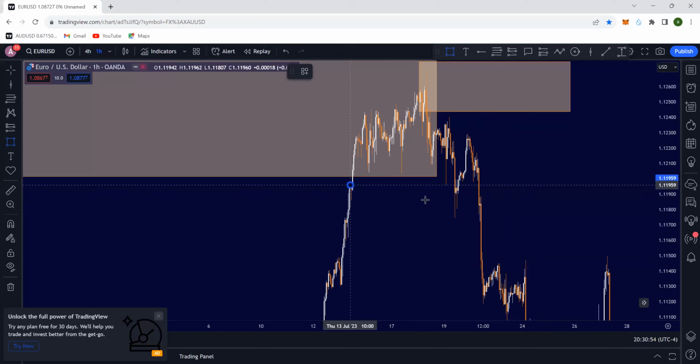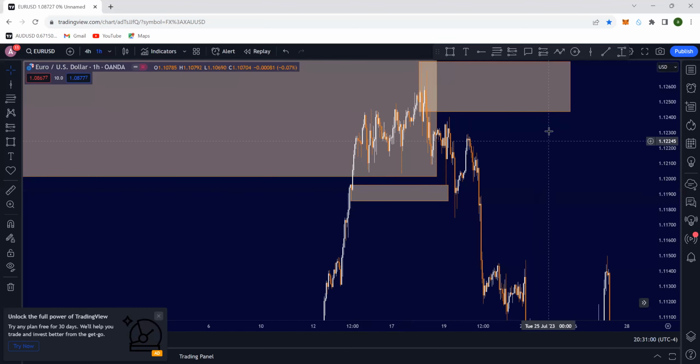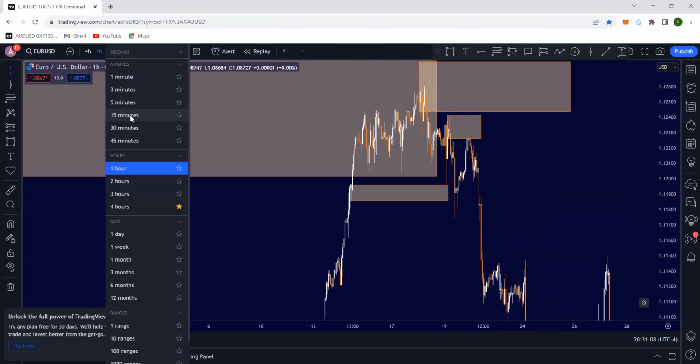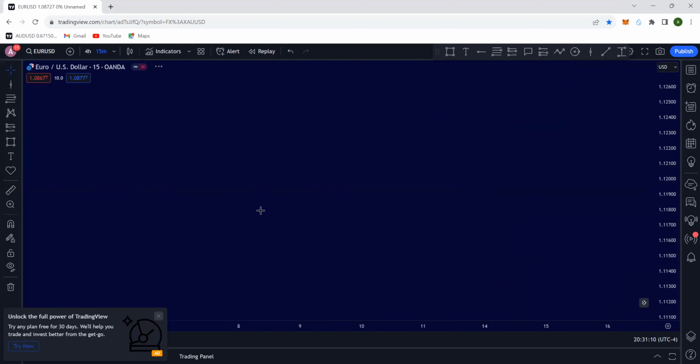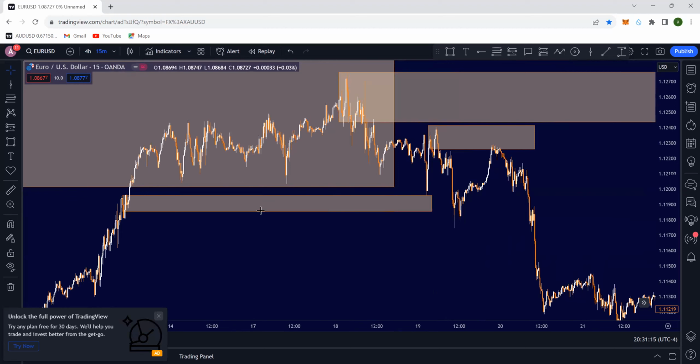There's a demand zone here that the market tapped in on the higher time frame. This is the 1 hour, remember. Now let's refine this in the 15 minutes, because we don't want to take this trade in the 1 hour time frame, but in the 15 minutes.